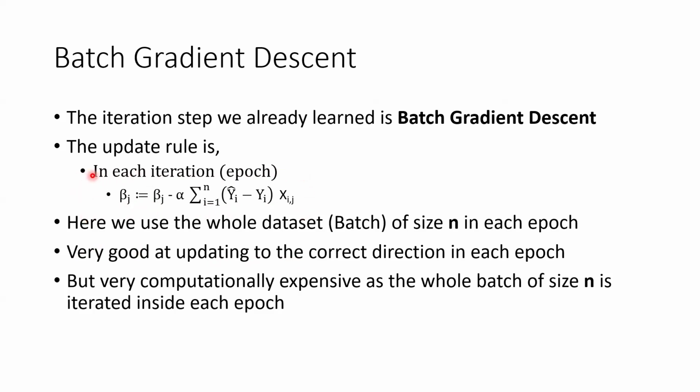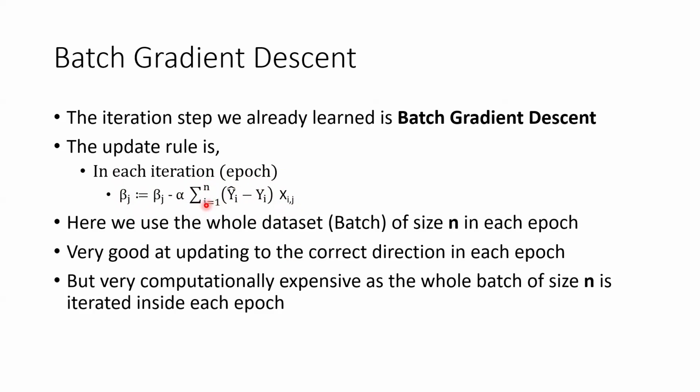In each iteration, or we call it an epoch as well, what we do is we reduce some value from the beta. This value which we should reduce from beta j has to be calculated using all the data points, right?